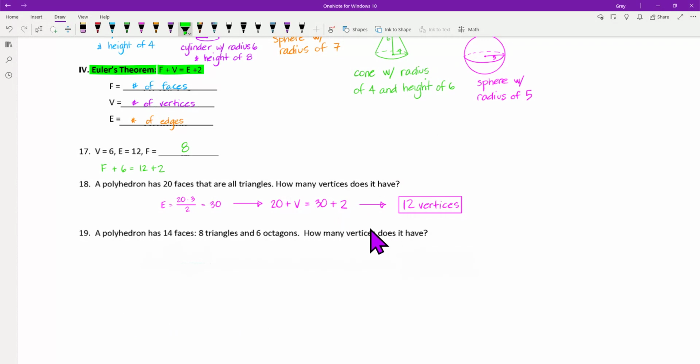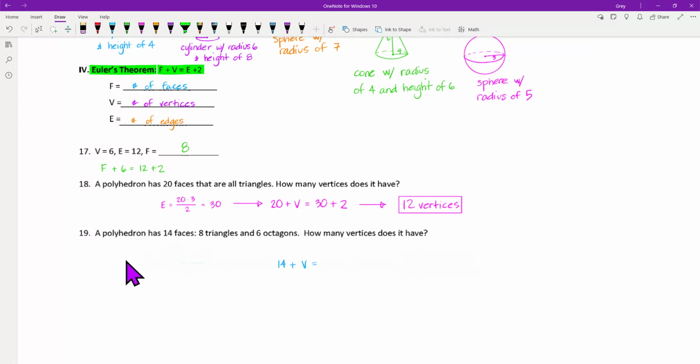So again, I'm going to plug into my formula, and I have 14 faces. 14 faces, it told me that, plus V, which I've got to go find, that's what I'm looking for, my vertices, equals the edges.